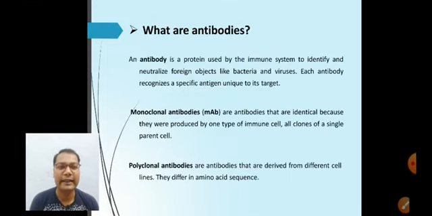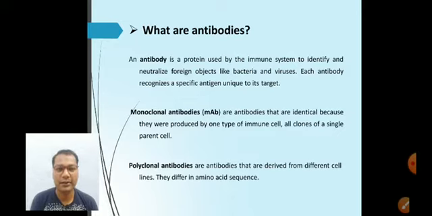What are antibodies basically? An antibody is a protein used by the immune system to identify and neutralize foreign objects like bacteria and viruses. Each antibody recognizes a specific antigen unique to its target.